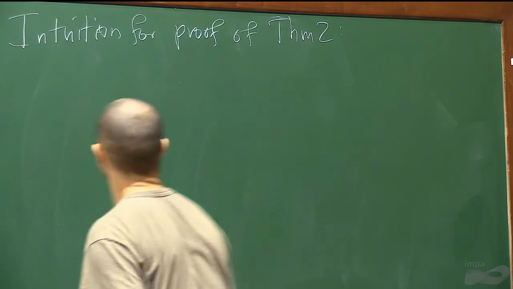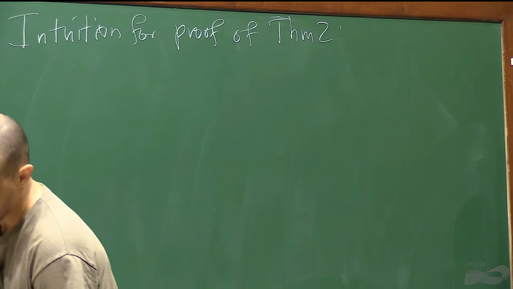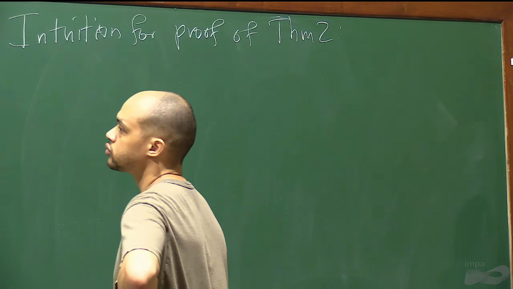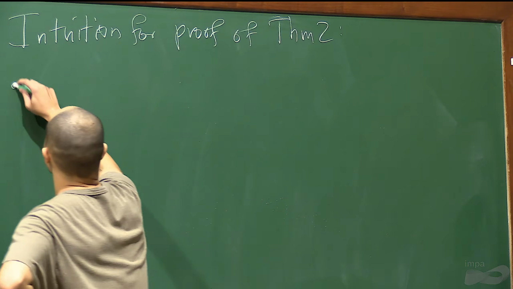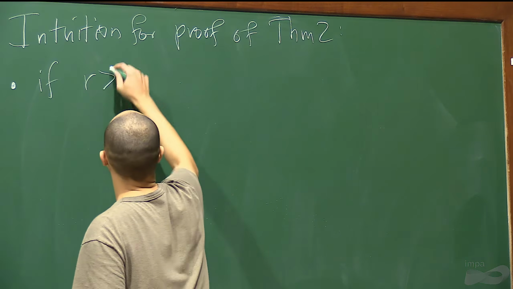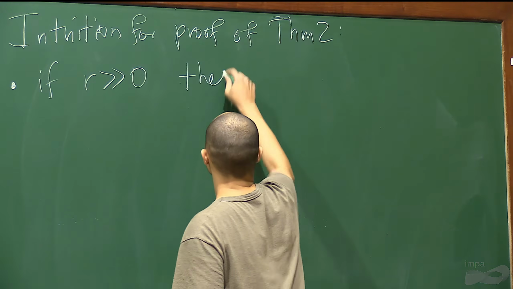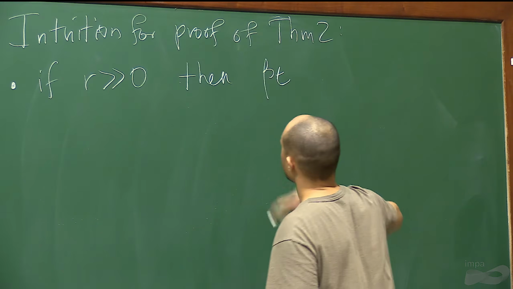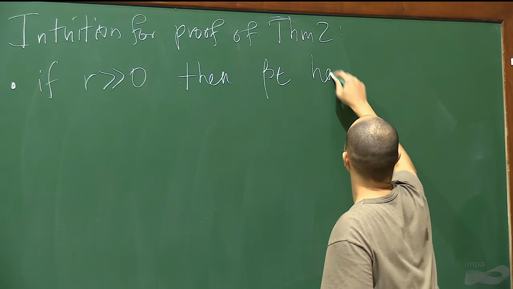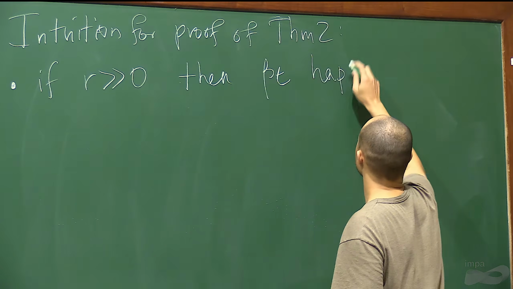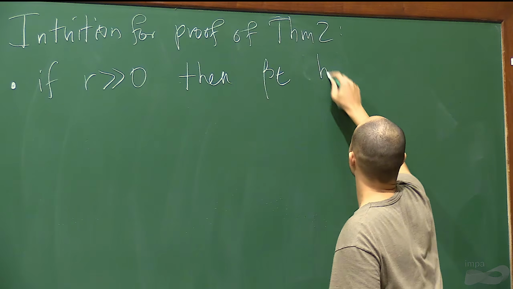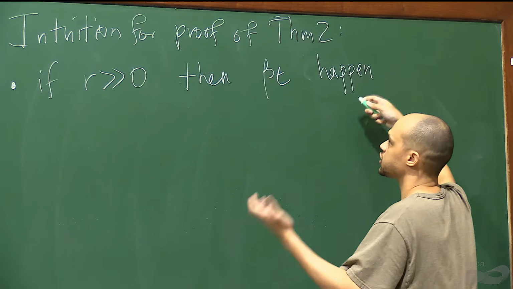All right. So, intuition. The first bit of intuition is that if R is very large, then beta t, this interpolation, the straight line homotopy, happens. Well, it's intuition, so it's an informal statement.